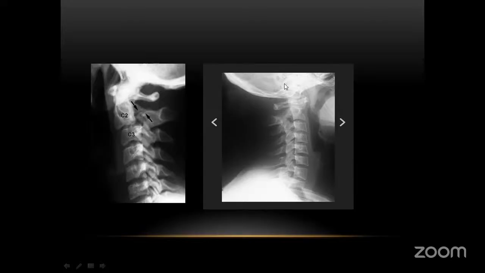This is a cervical spine X-ray, the lateral view. Normal ADI is less than 3 mm. If there is more than 3 mm ADI, or some literature says the surgical criteria is 5 mm, so 3 to 5 mm. When there is more than 3 mm, it means the transverse atlantal ligament is disrupted.